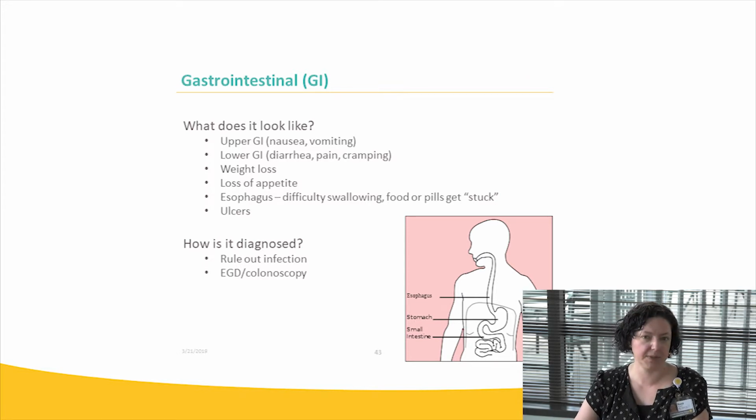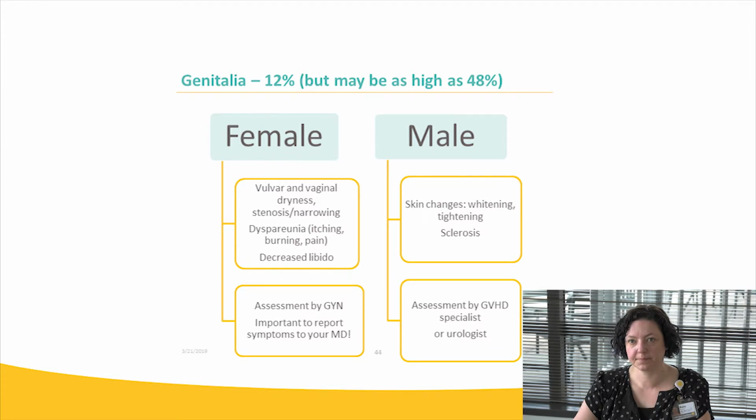Lower GI would be cramping, pain, or diarrhea after eating. Any kind of unintended weight loss is often a red flag to us that there may be GVHD involvement in your GI system. Typically, we would diagnose this based on your symptoms, and often have to do an EGD or endoscopy to diagnose it.